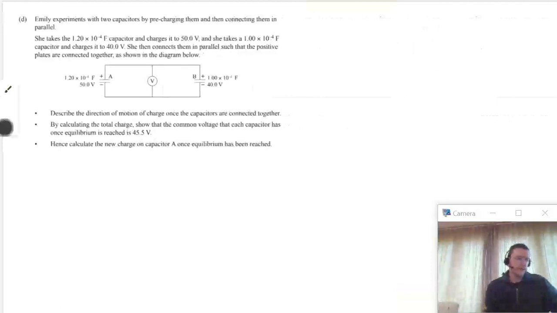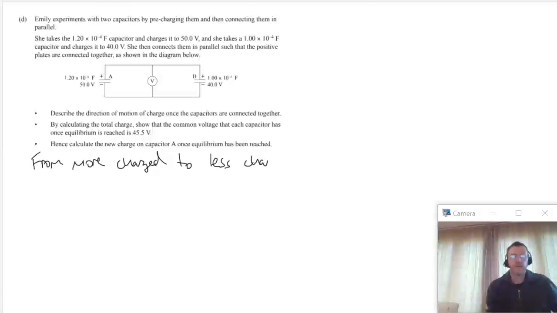What have we got? So we have this circuit here. Describe the direction of motion once the capacitors are connected together. Now we can say the charge is going to flow from more charged to less charged. That's one possibility. We can also think about the current.